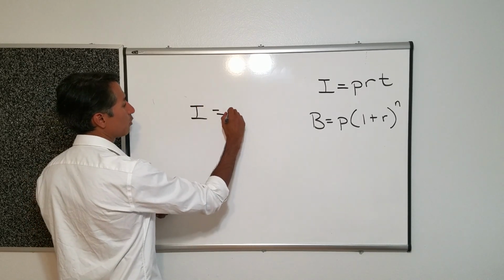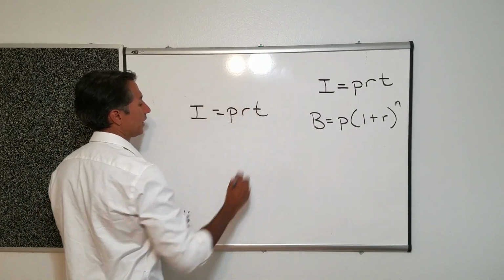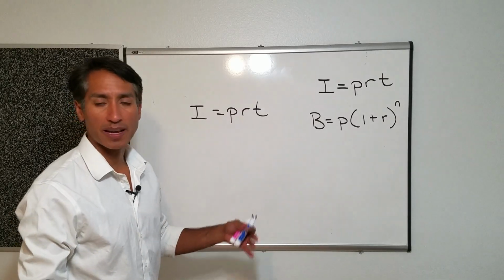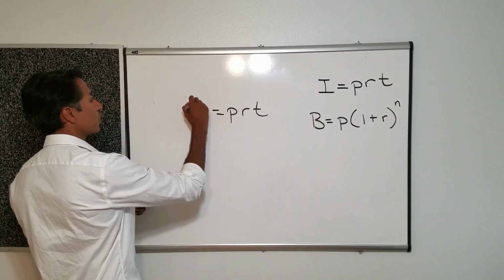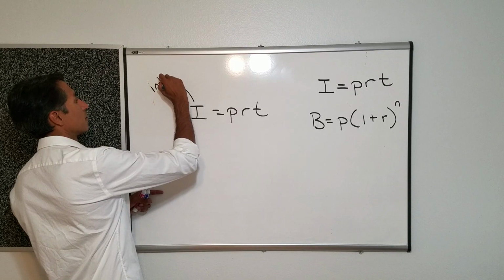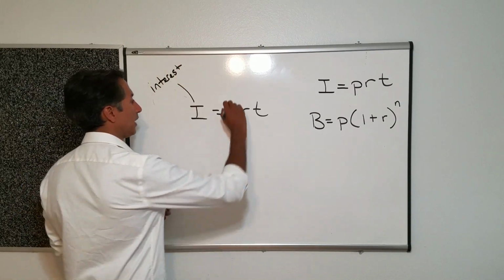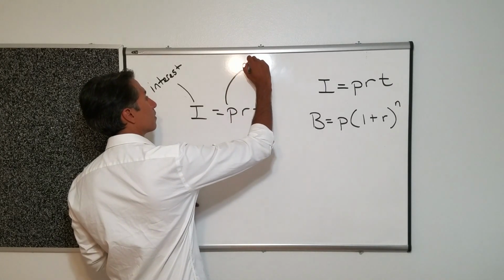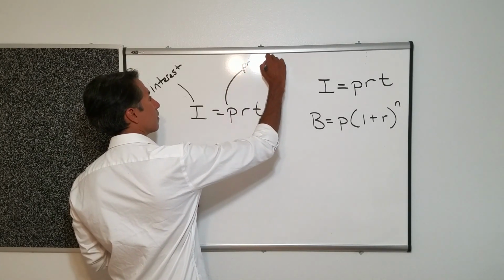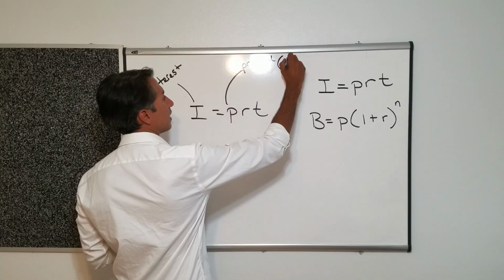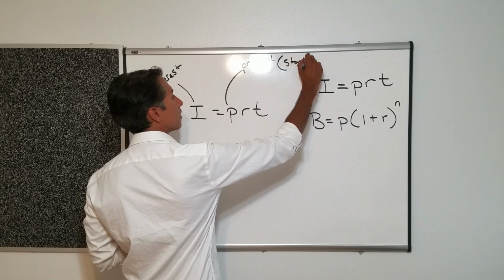But interest equals PRT. Let's label all this stuff just so we kind of know what we're working with here. So we have the interest is equal to the principal, and we could even say the starting amount.